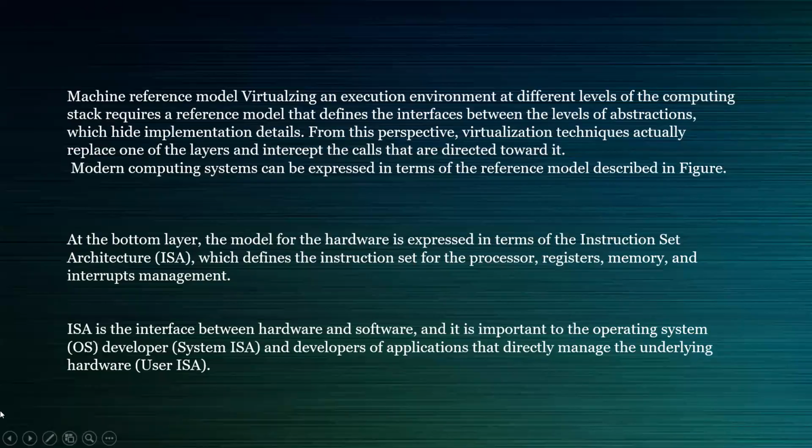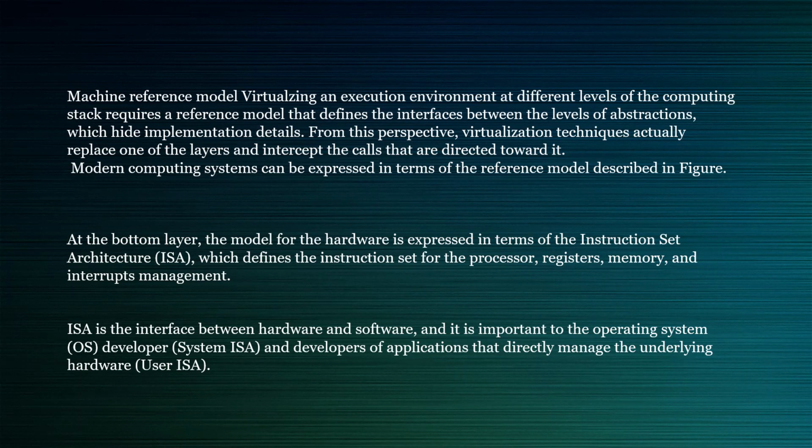A machine reference model, virtualizing an execution environment at different levels of the computing stack, requires a reference model that defines the interfaces between the levels of abstraction, which hide implementation details.